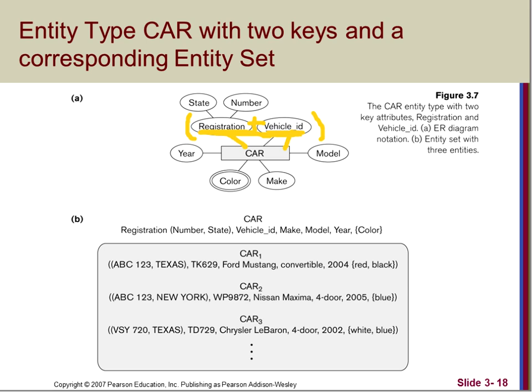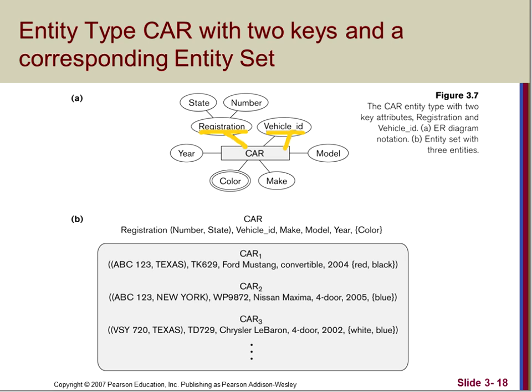In this example, car has two key attributes, okay, and also registration is composite.